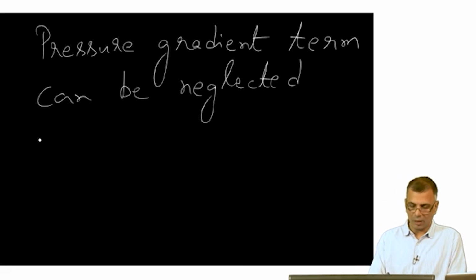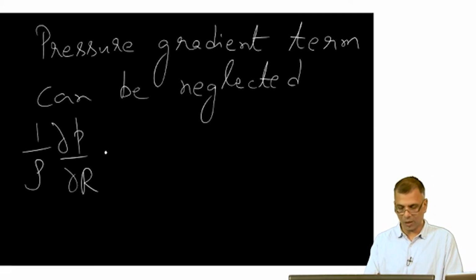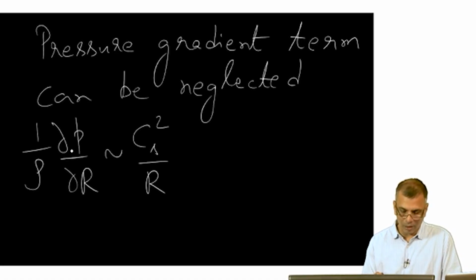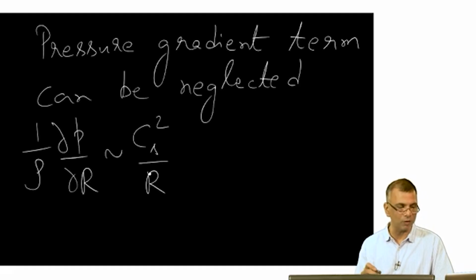Why? You see, the 1 over rho dp dr is something like Cs squared over r, right? Because p over rho is roughly equal to Cs squared, and then the d over dr is roughly 1 over r.